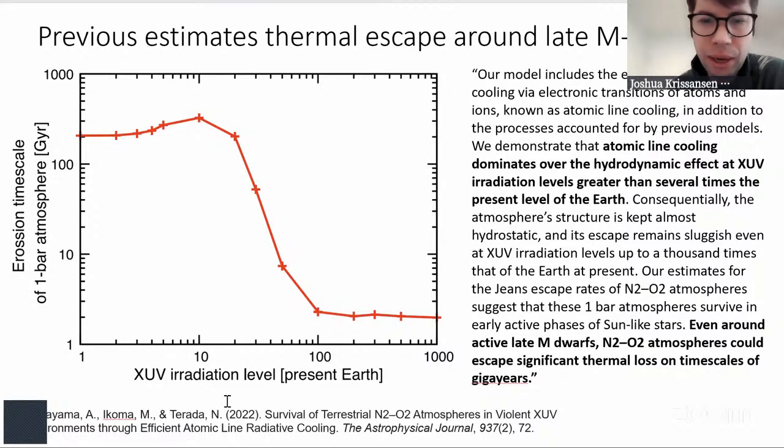This Nakayama paper from 2022 looks at how atmospheres respond to extremely high XUV fluxes and tries to model the atomic line cooling that affects atmospheric escape, and finds that even for very high XUV fluxes for nitrogen-oxygen atmospheres, you don't expect an extremely high loss rate. You actually have a hydrostatic structure and fairly modest rates of escape.